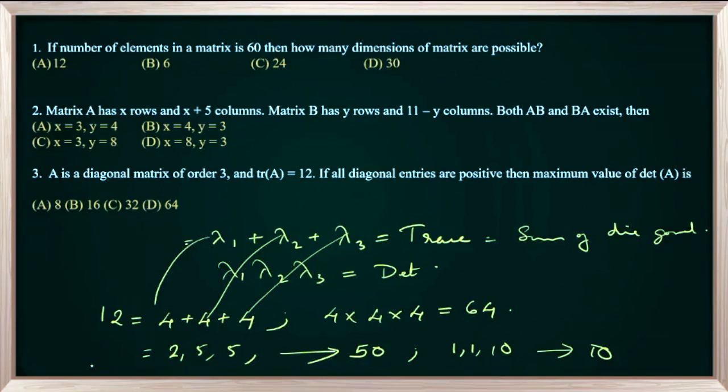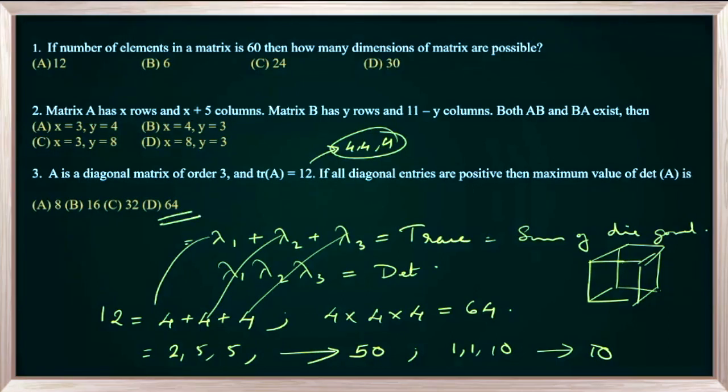If you have a parallelepiped, it will have maximum volume when it has the shape of a cube. That is the idea here also. You need to have all values 4 to have the maximum product, which is 64.